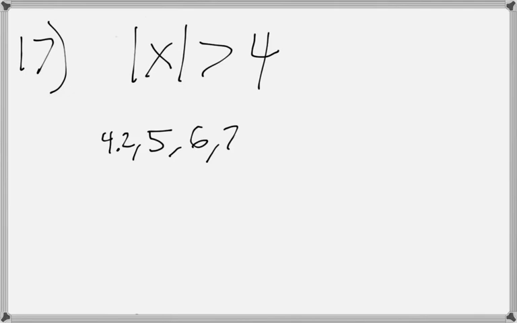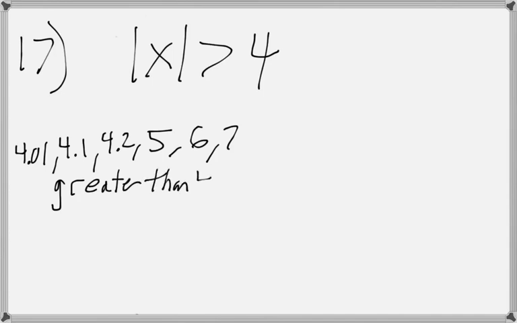That is bigger than 4. What about 4.1? That is bigger than 4. What about 4.01? That is bigger than 4. So anything greater than 4, so this would be 4 to infinity.